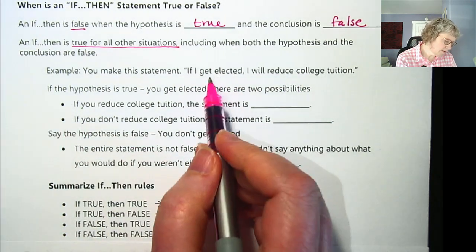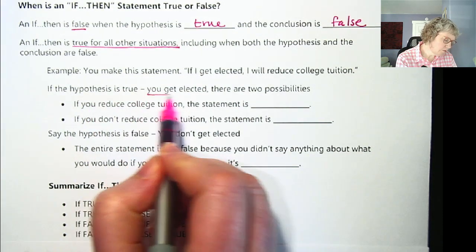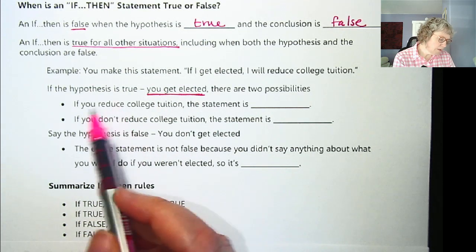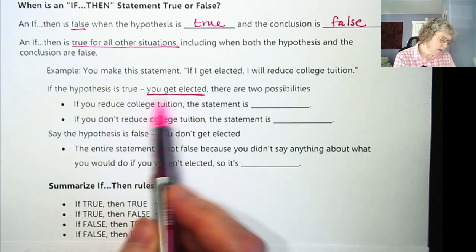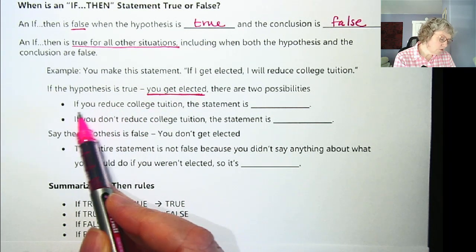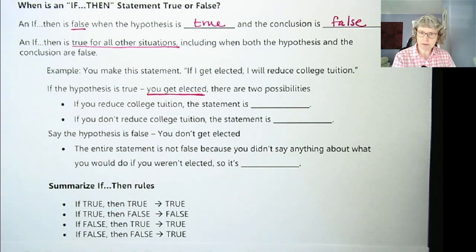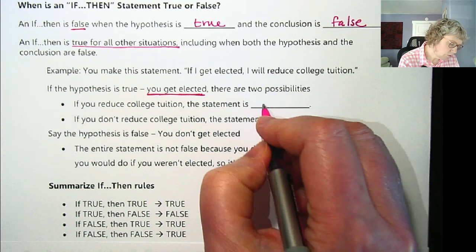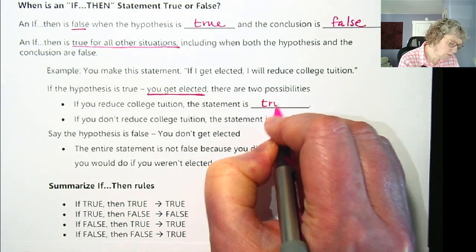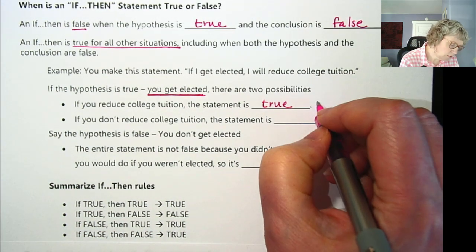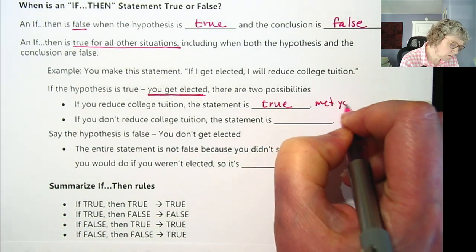First, let's take the hypothesis if that's true. So let's say first you do get elected. Okay, now the first time, let's say you get elected and then you do reduce college tuition. Okay, so you got elected, you did reduce college tuition. That's a true statement. You met your campaign promise.